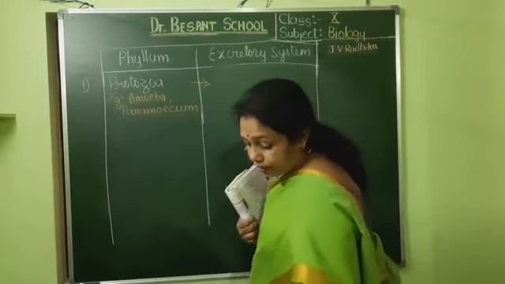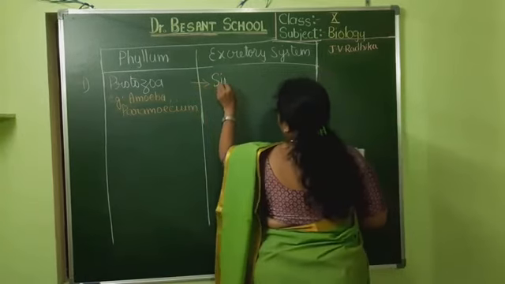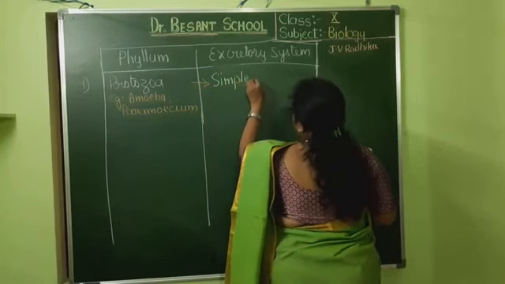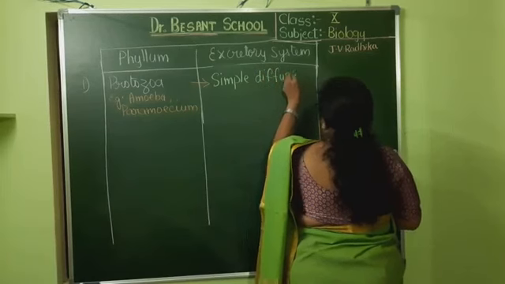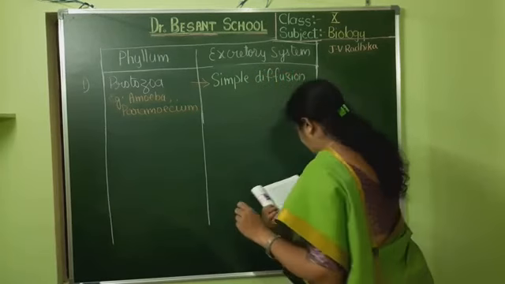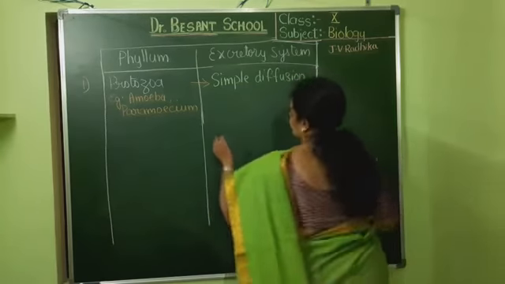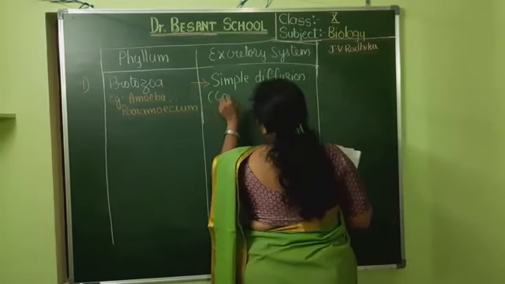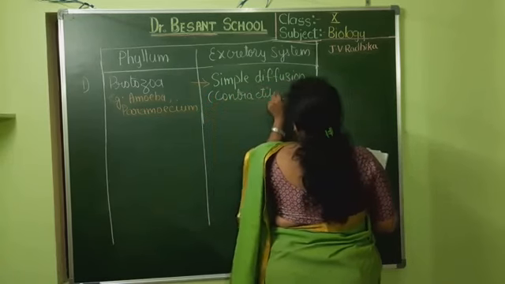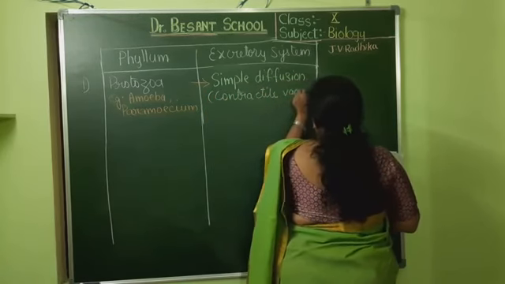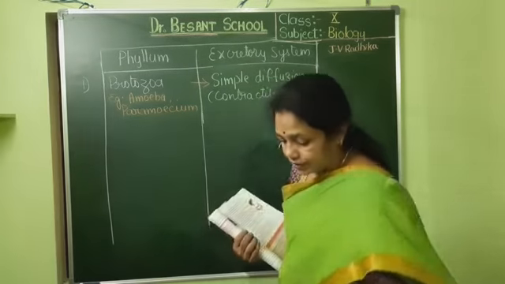By simple diffusion. They also possess an organ called the contractile vacuole. You can remember this, the contractile vacuole, or excretion by simple diffusion.